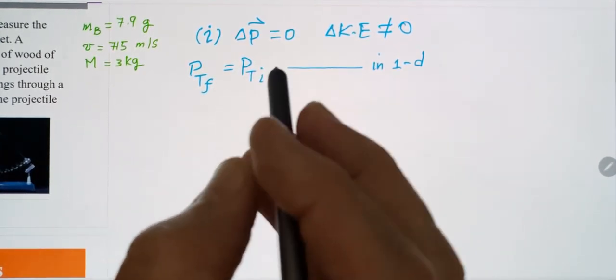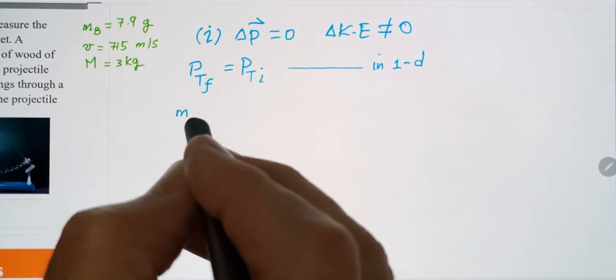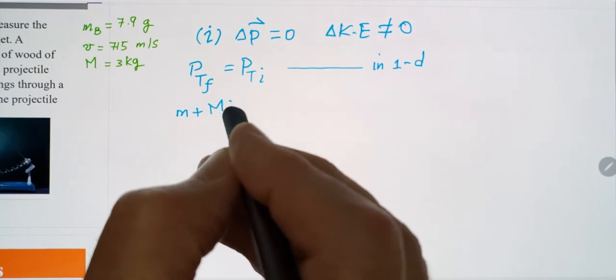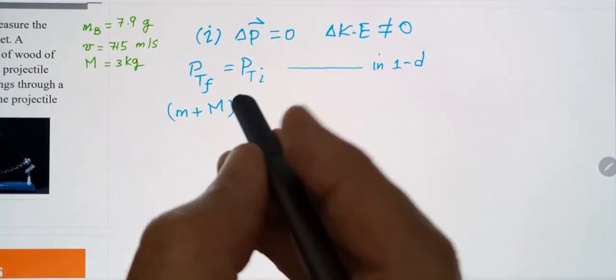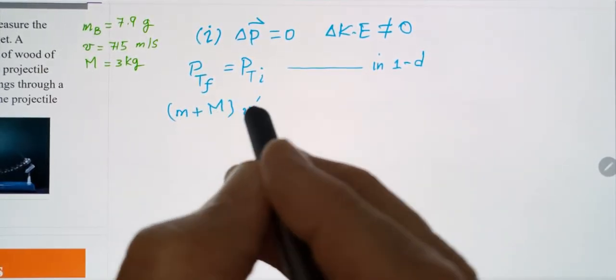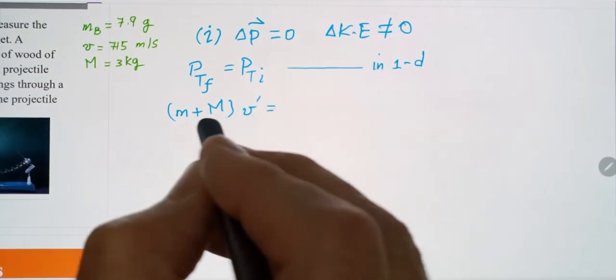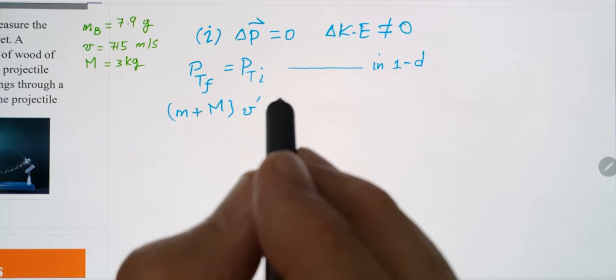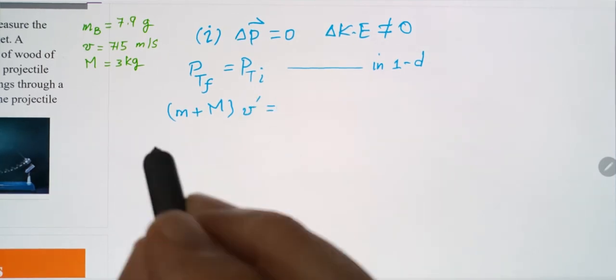Momentum final is the mass of the bullet plus the mass of the block, times V prime, that's after the collision. What is the total momentum before the collision?